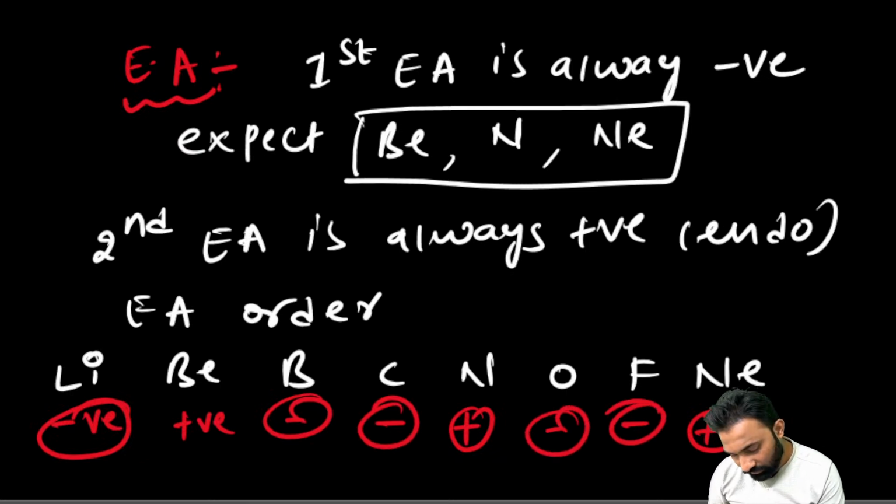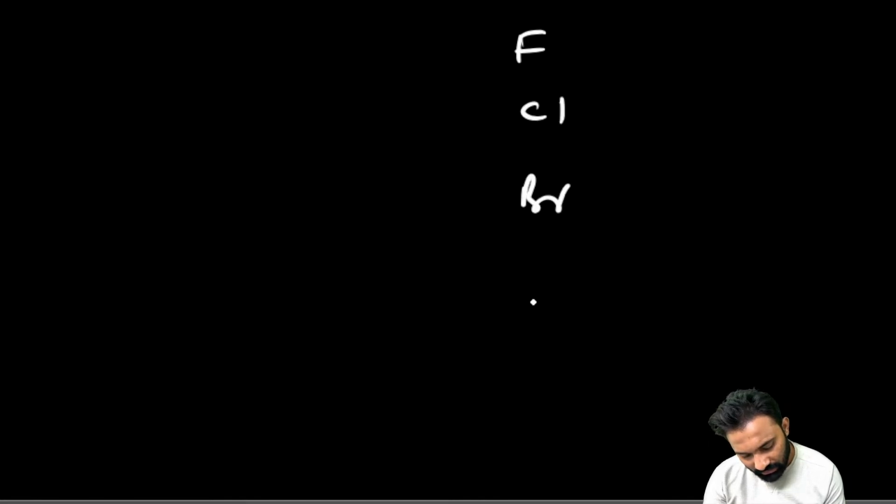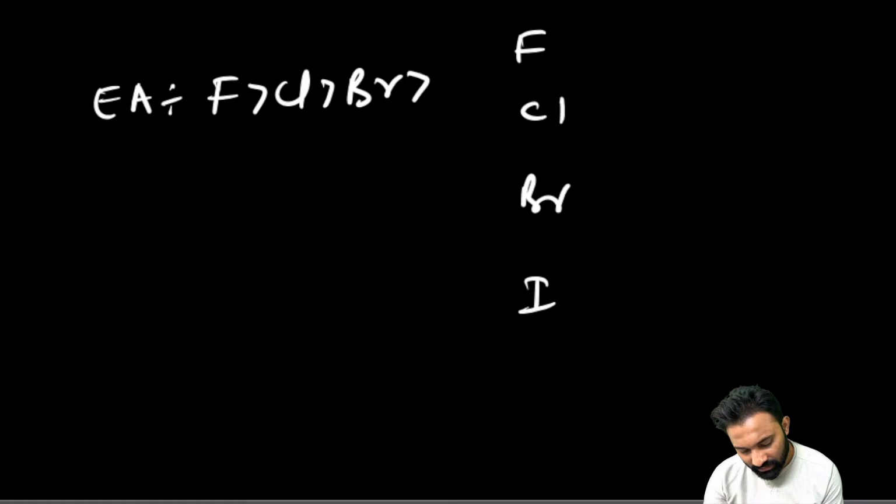But when it comes to top to bottom, for fluorine, chlorine, bromine and iodine, we expect the electron affinity order to be fluorine greater than chlorine greater than bromine greater than iodine.